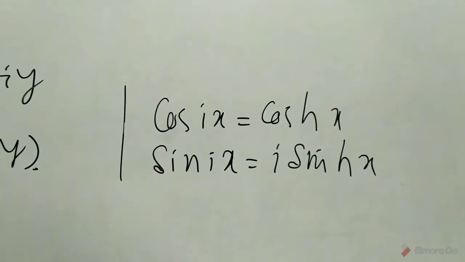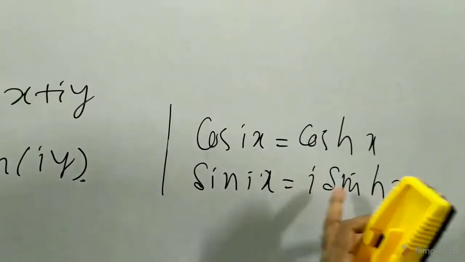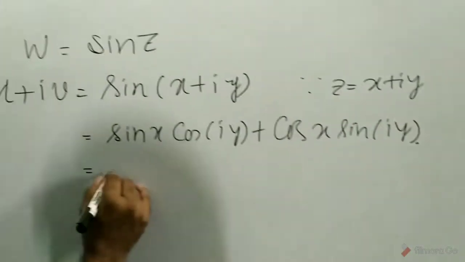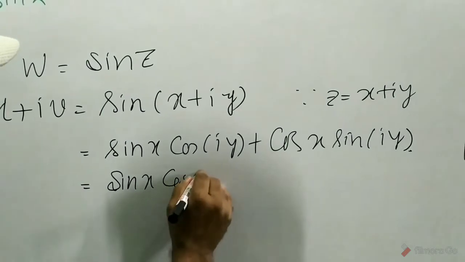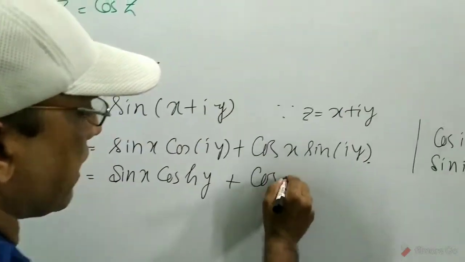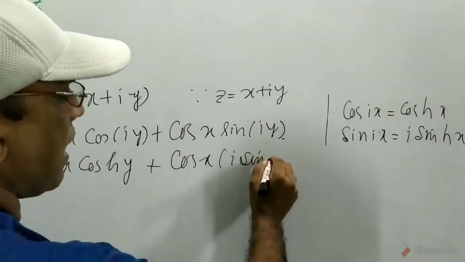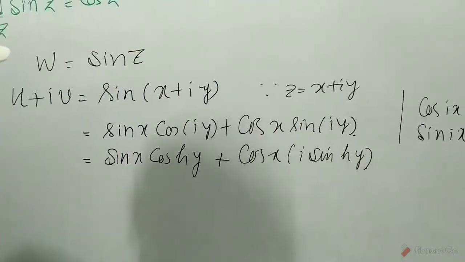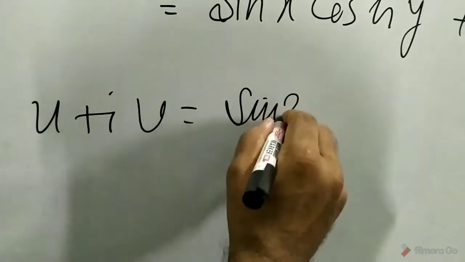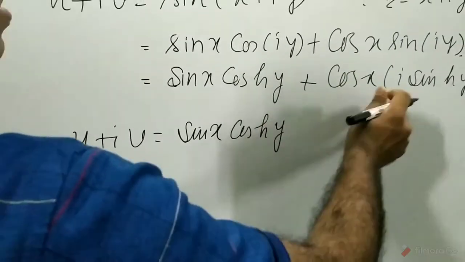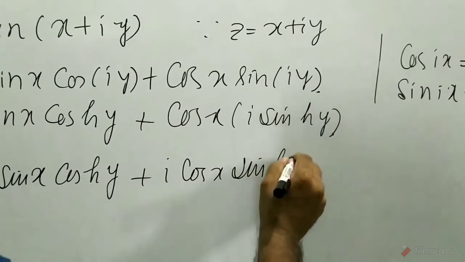Using this formula, we can write sin x cos iy as sin x cos hyperbolic y, and cos x sin iy as i cos x sin hyperbolic y.